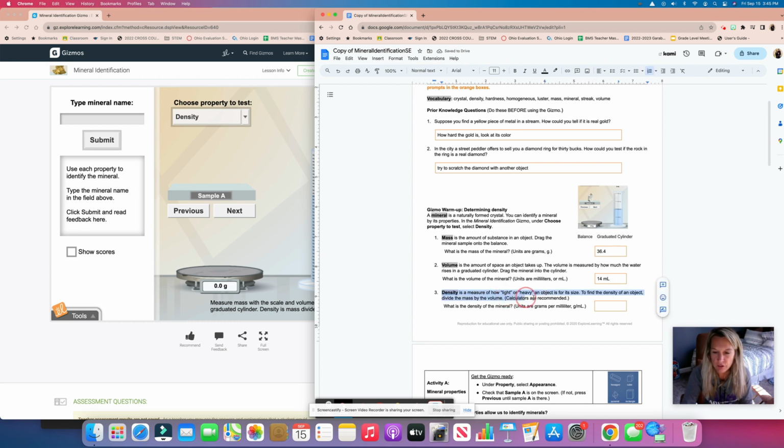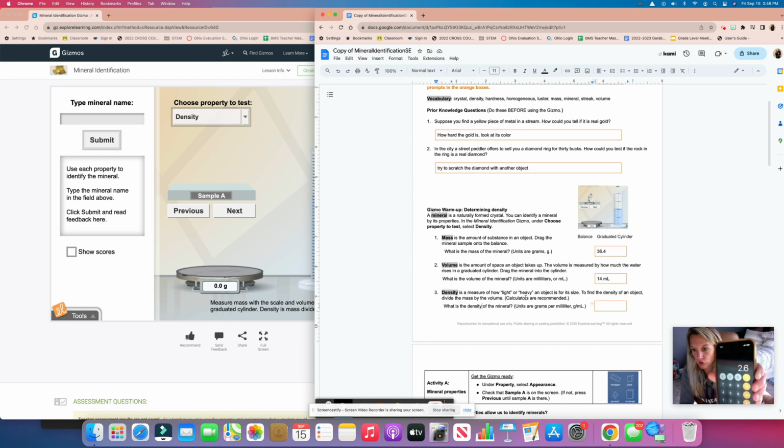Density is a measure of how light or heavy an object is for its size. To measure the density of an object, divide the mass by the volume. This is where I'm going to just use my phone, but if you have a calculator, that would be awesome. We're going to take 36.4 and divide it by 14.